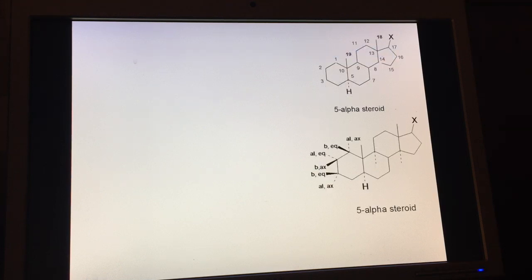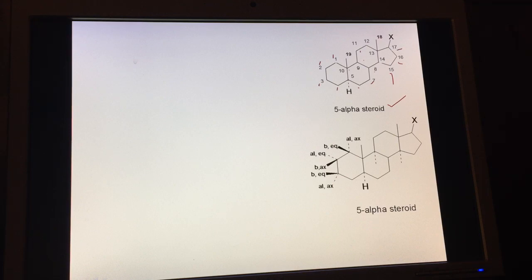Now let us first look at this structure. The numbering system in the case of steroids is like this. It starts from ring A: 1, 2, 3, 4, this is position number 5, 6, 7, 8, 9, 10, 11, 12, 13, 14, 15, 16 and 17.